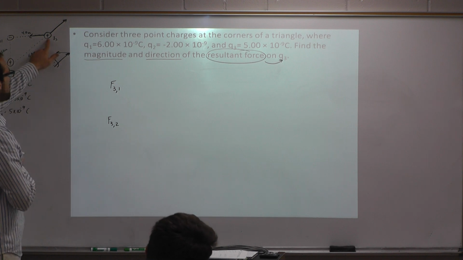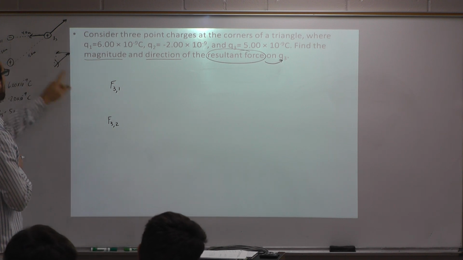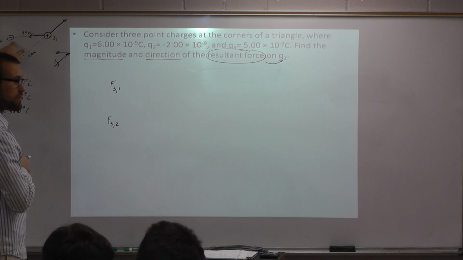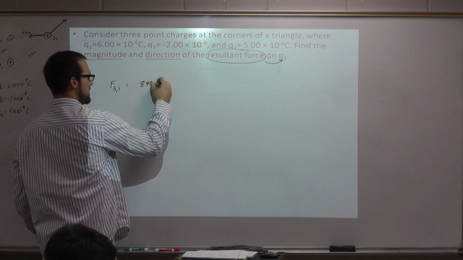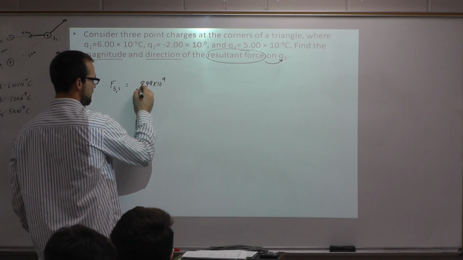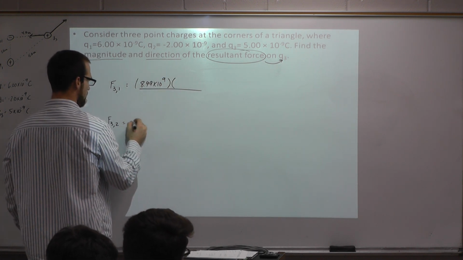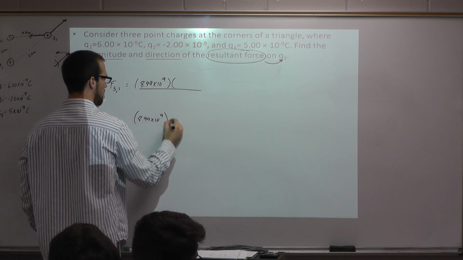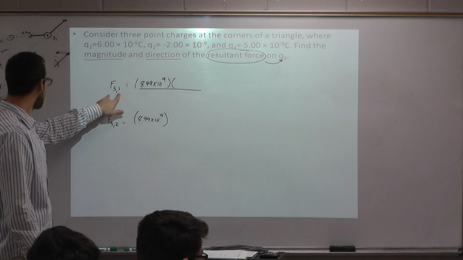So this is 3. This force will be from 1, and this force will be from 2. This is Q1. Our constant, yeah? Now, we gotta find the 1 and 3 charge.